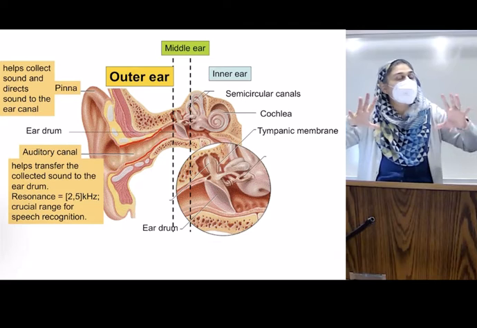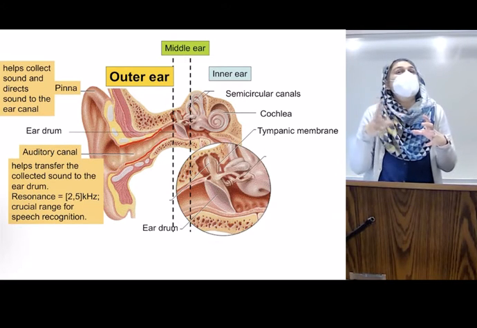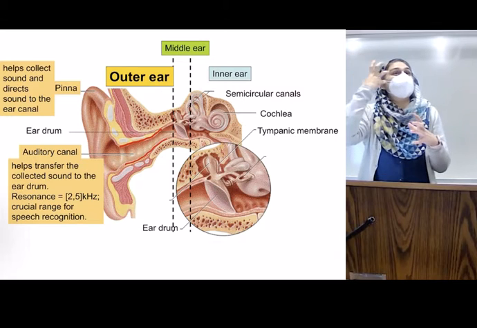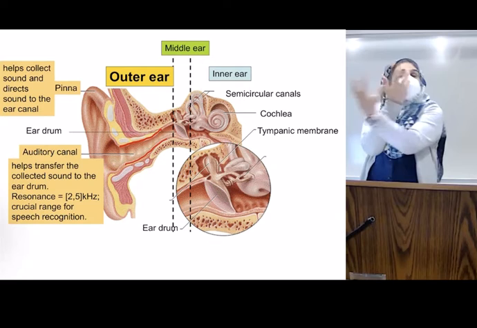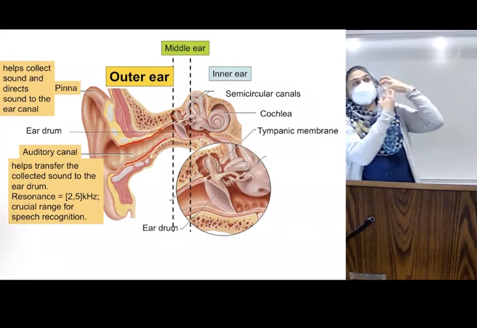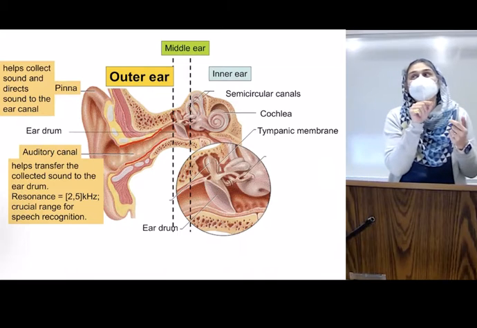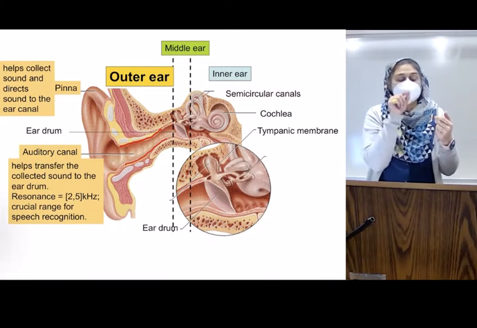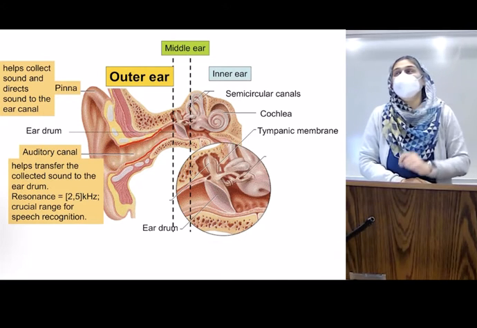So humans have developed this very functional canal where seashells only have one resonance. We have a range of resonances and transmit sound on the inside. Now you may be wondering, if humans can hear up to 20,000 hertz, why is this limited to 5K? There is a very good reason.